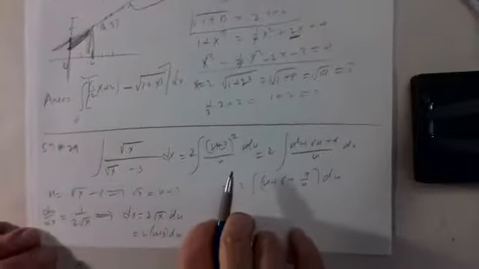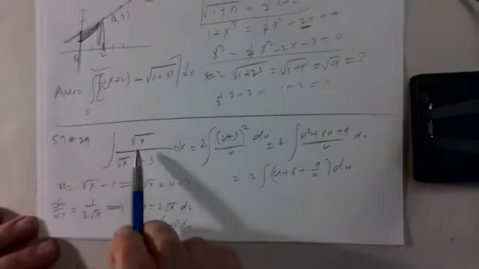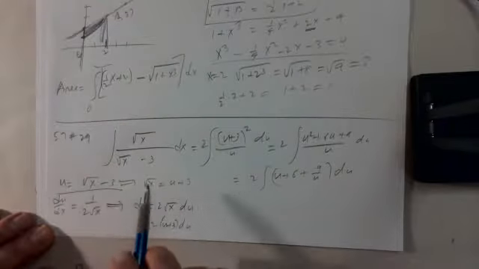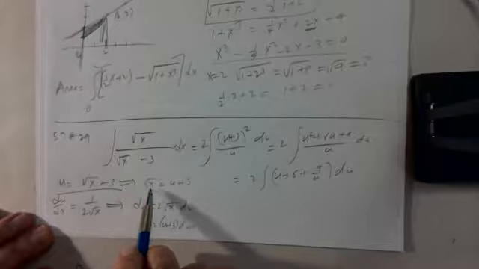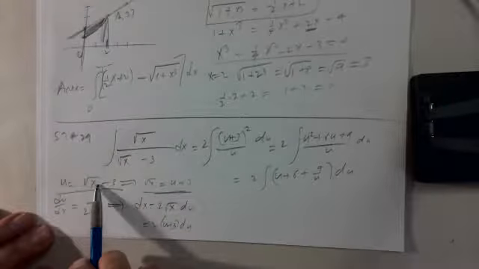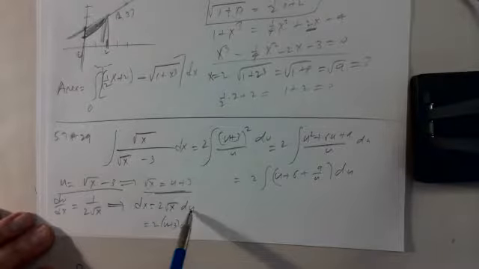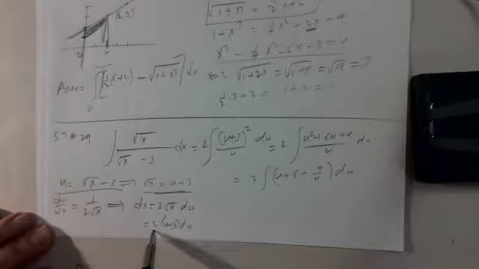So this is maybe the hard part, so let me just double check. We have square root of x over root x minus 3 dx. And the book says, let u equal root x minus 3, which means square root of x equals u plus 3. Du dx, if you differentiate that, you get 1 over 2 root x. So dx is 2 root x du, which is 2 times u plus 3 du.